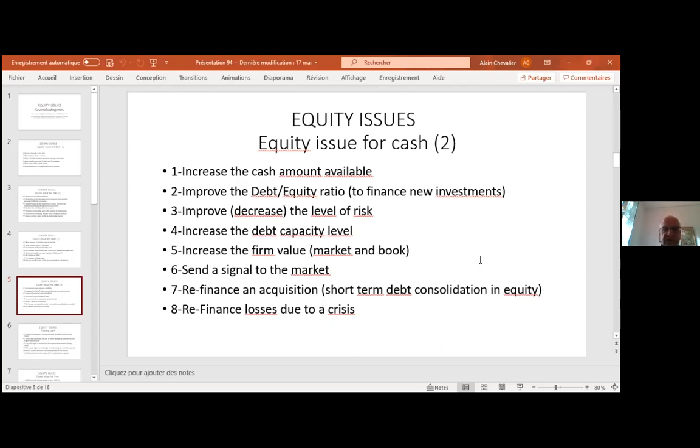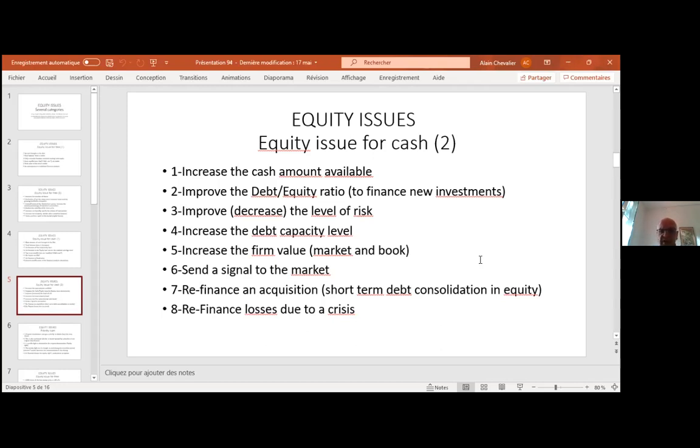Second, to improve the debt equity ratio. That is what I said. And when you improve the debt equity ratio, that means you increase your debt capacity in general, at least if you have a good return level, good cash level. And that means an equity issue gives you the possibility to go back to the banks or to issue new bonds on the market.